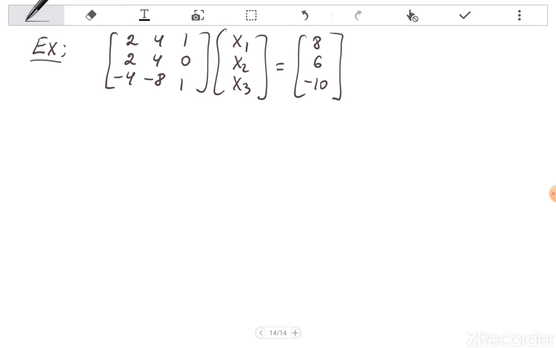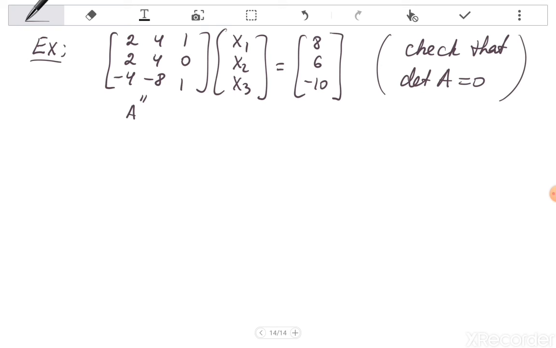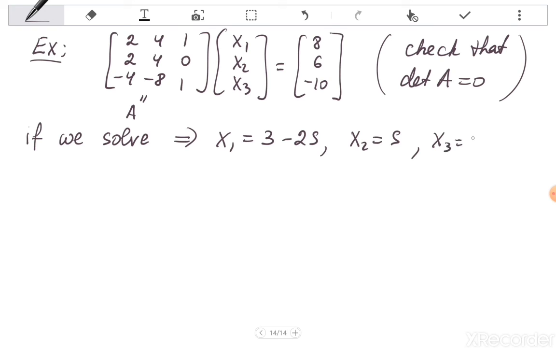If this is matrix A, you can check that the determinant of A is 0. And in fact, if we solve this using Gauss-Jordan elimination, we get x1 is 3 minus 2s, where s is a parameter, x2 is s, and x3 is 2.